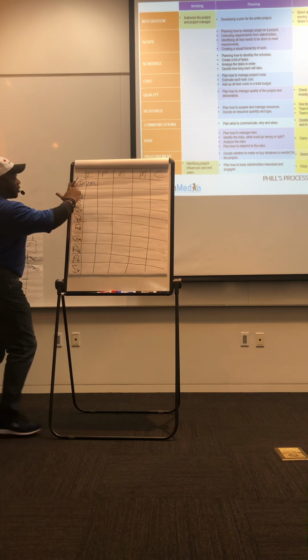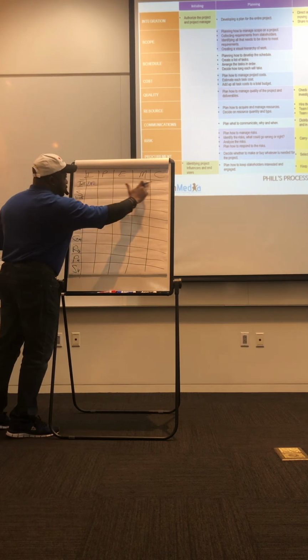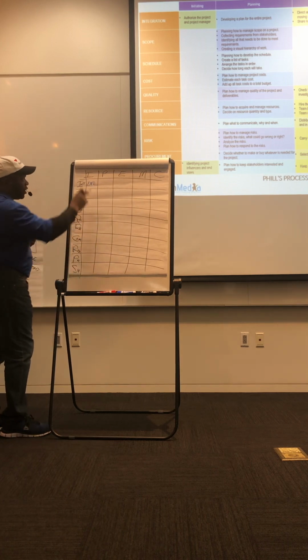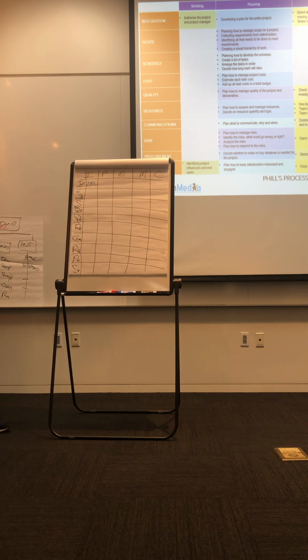If you take a look going that way, you can fill in this table by integration, or you can fill in this table going, what do I do in initiating? As a project manager, wouldn't it be dumb for you just to start doing the project without knowing your stakeholders? It would be.